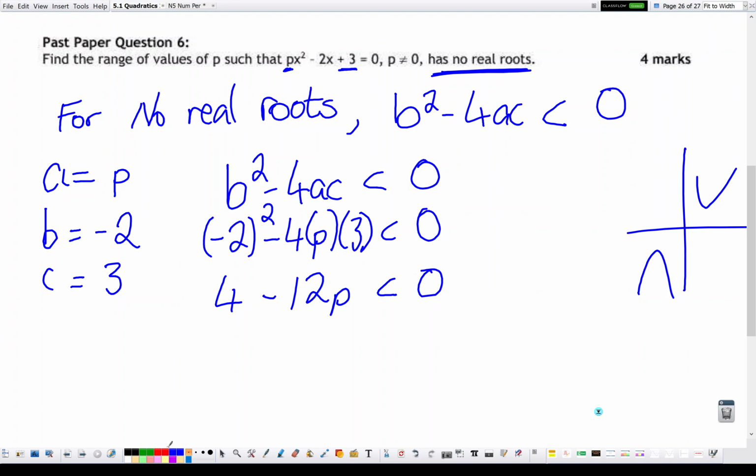So I think the easiest thing to do at this point is to add 12p to both sides, because we want to try and keep our letter term positive. Right now it's negative, but if we move it to the other side, it's going to turn positive. So we get 4 is less than 12p.